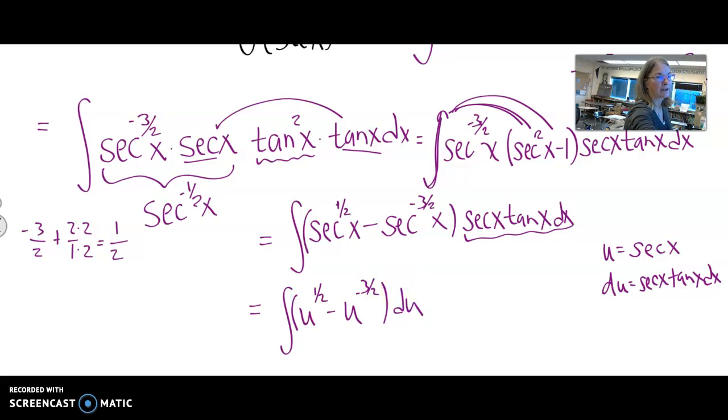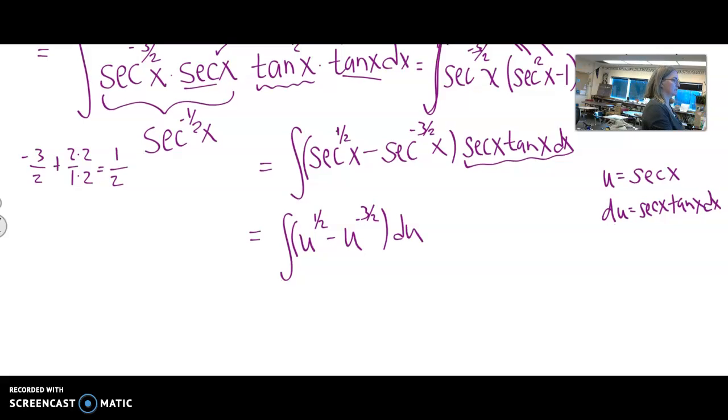So now integrate using the power rule. So I have u to the, add 1 to the exponent, that becomes 3/2, and I have to multiply by 2/3 out front, minus u to the negative 1/2, multiply by a negative 2 out front, so that becomes plus 2, plus c.